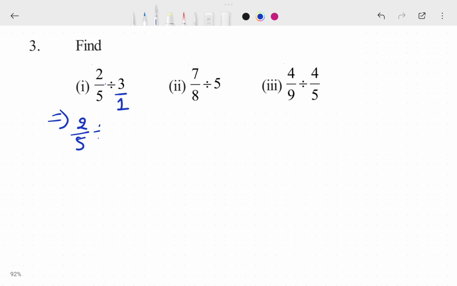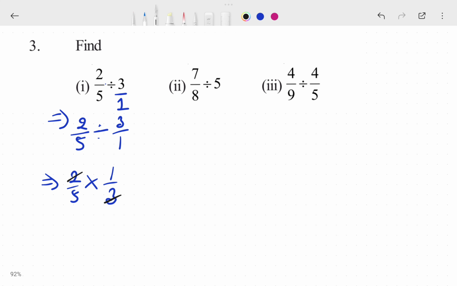This is division only, and this is 3 by 1. Now we have to write 2 by 5, multiplication, and the upper part becomes lower and the lower part becomes upper. The numerator becomes the denominator and the denominator becomes the numerator. We always change this part only. So we write 1 by 3. Now let's see if division is possible.